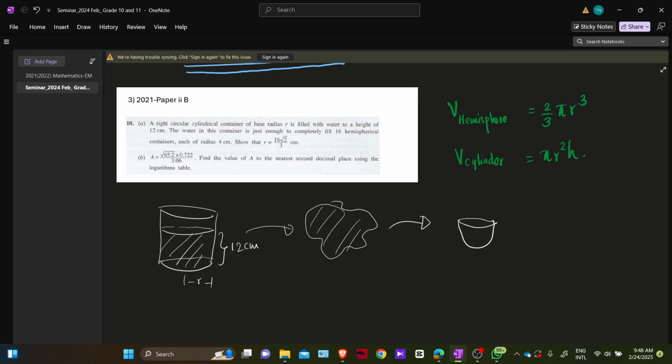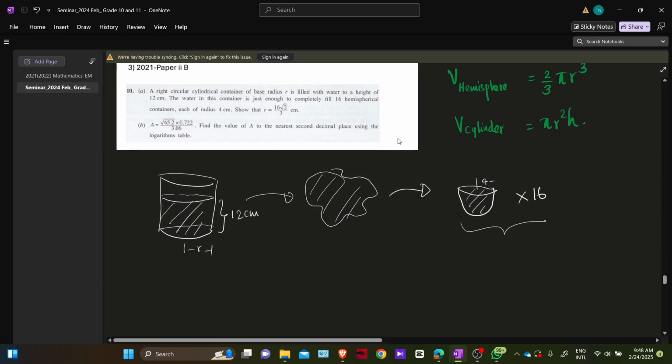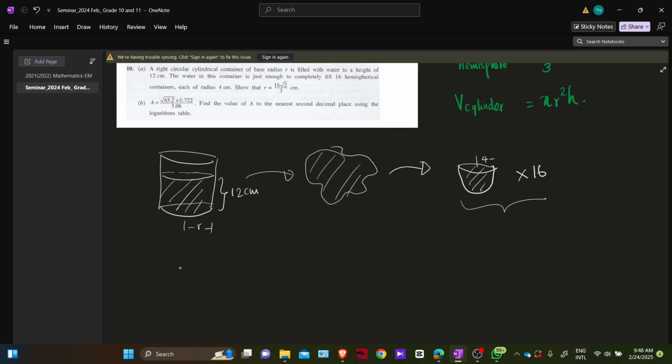What's the quantity here? 16 hemispheres are there, right? Where the base radius is 4. Simply you can say volume in this container is equal to the volume of 16 such hemispheres, right? Clear?